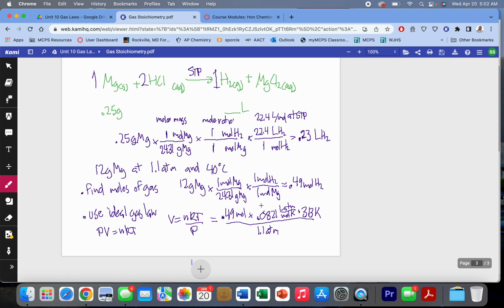And so now I have the ideal gas law set up, and it'll give me liters. And so I simply say 0.49 times 0.0821 times 313 divided by 1.1, and I get 11.4 liters. Woohoo! Right? So that's the hardest of the problems.